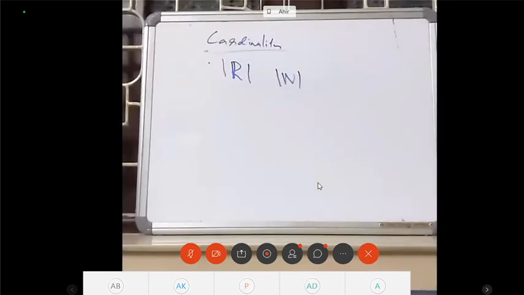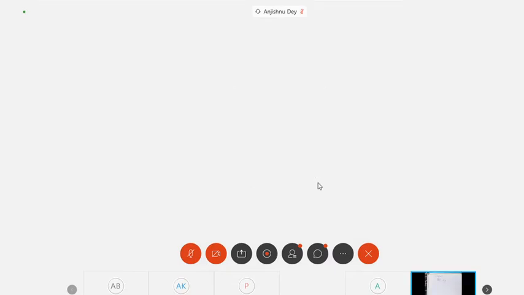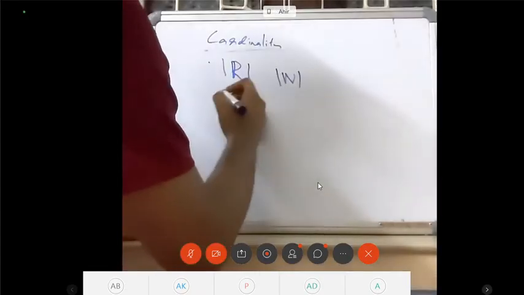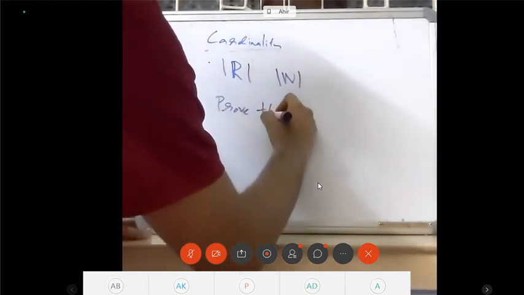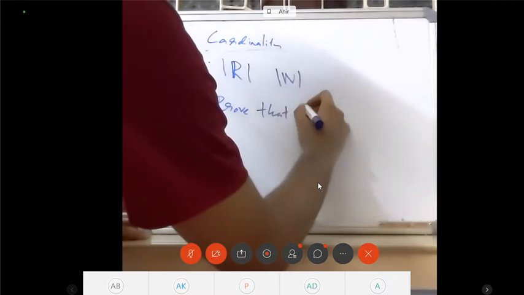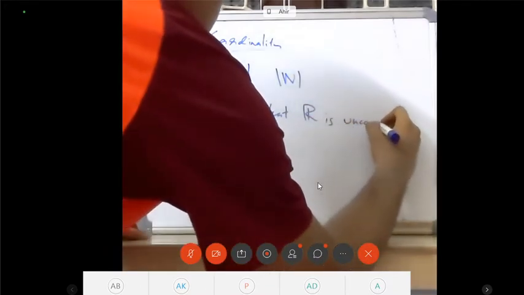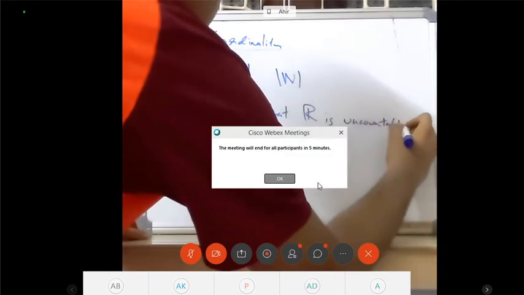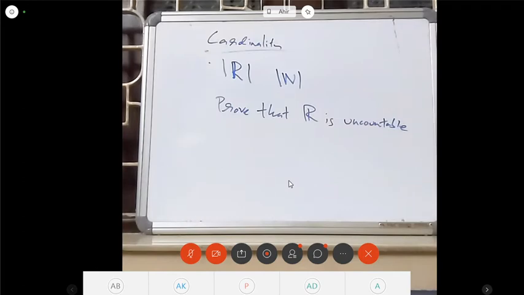Prove that R is uncountable. So basically, prove that you can't establish a bijection from the set R to the set N.